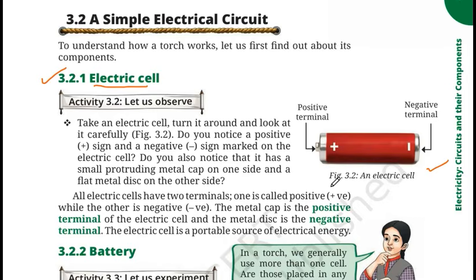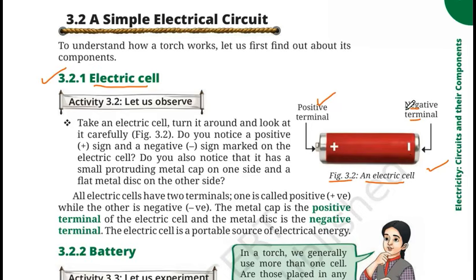Okay, so this figure 3.2 is a diagram of an electric cell. Now, if you notice an electric cell, you will see there is a pointed metal cap. That pointed metal cap is the positive terminal and it is labeled as plus. And then we have a flat metal cap. The flat metal cap or metal disc is the negative terminal and it is marked as negative.